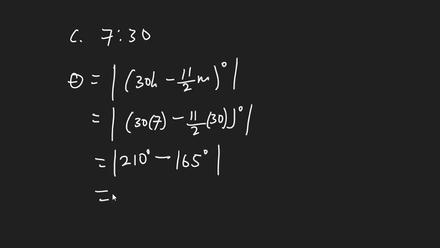So this is giving us 210 minus 165, 45 degrees. So the angle between the minute hand and the hour hand when the time is 7:30 is 45 degrees.